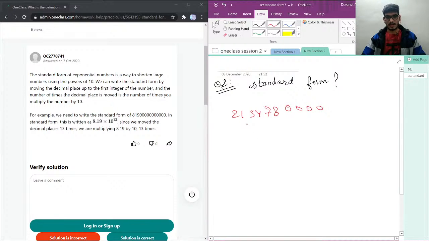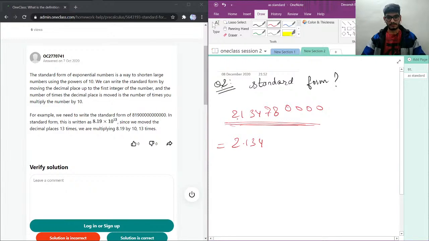Suppose we have a number, let's say 2134780000. Instead of writing this whole big number, we can write 2.134 and count 1 2 3 4 5 6 7 8 9.